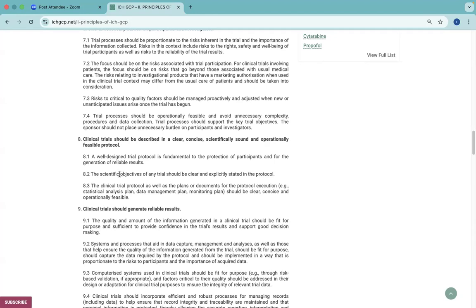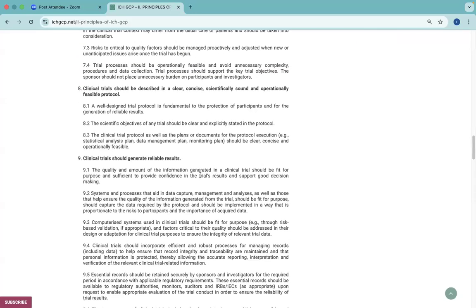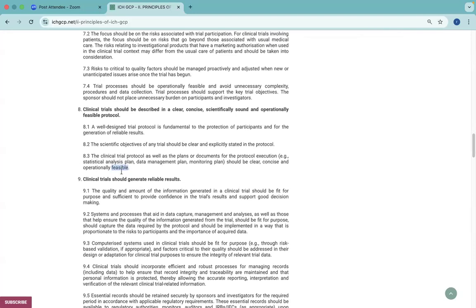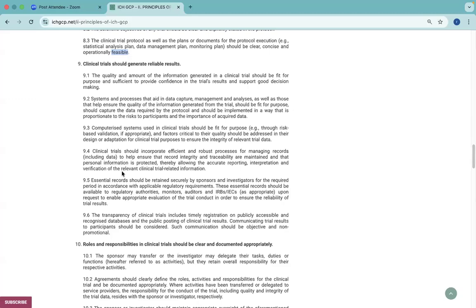The scientific objectives of the trial should be clear, and the clinical trial protocol as well as the plans or documents, the statistical analysis plan, DMP, monitoring plan, should be clear, concise, and operationally feasible to conduct the trial.